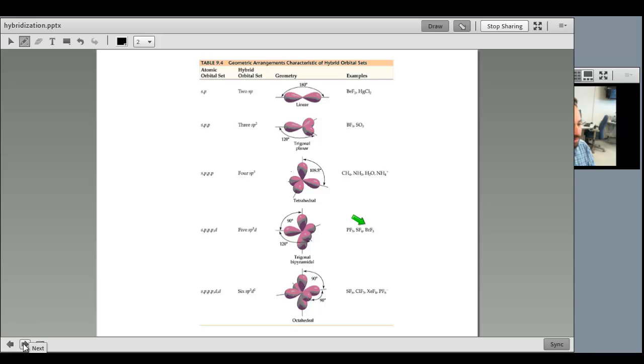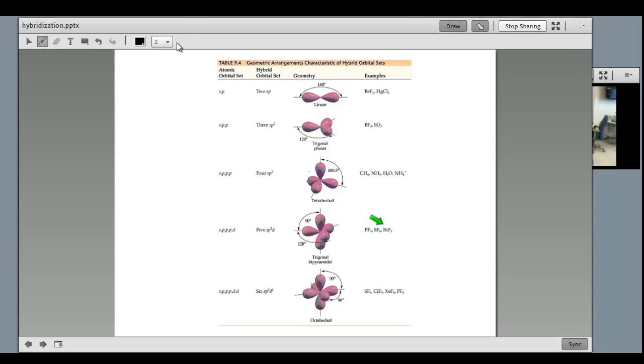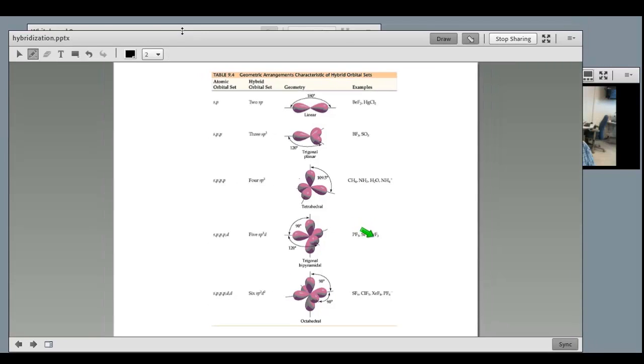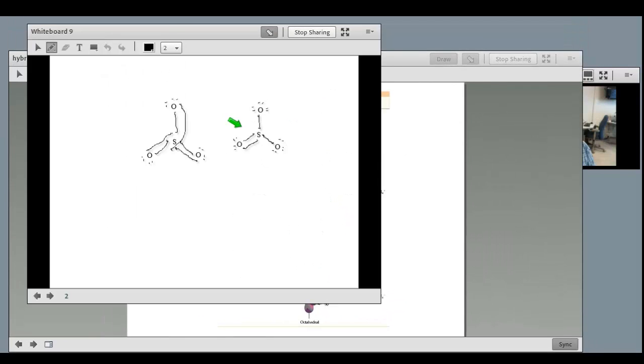Let's look at water for a second. For water, we put the lone pairs in here, put the Lewis structure in here, O and H. Water should be pretty easy, right?